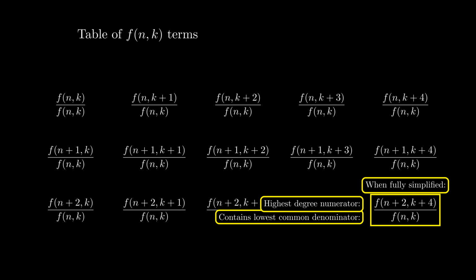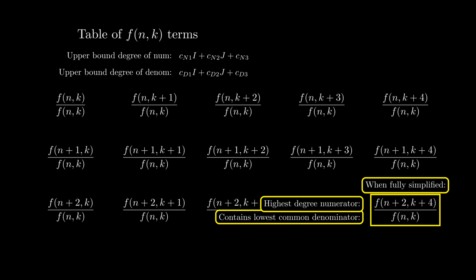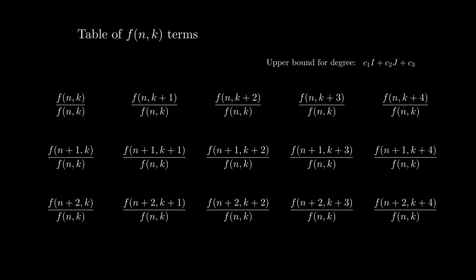So to get the total degree of k, we simply add the degree of the numerator here to the degree of the denominator here, and we have the highest degree of k in the entire table. By combining what we just discovered, this can be summarized as c1 i plus c2 j plus c3, where the c's here are just some particular constants that we can compute from the hypergeometric function.